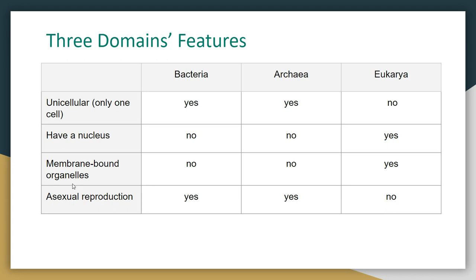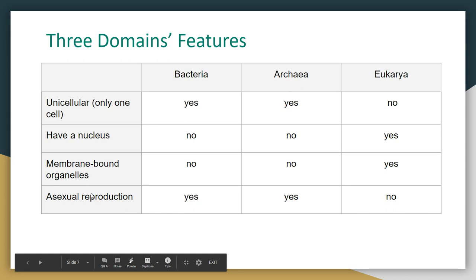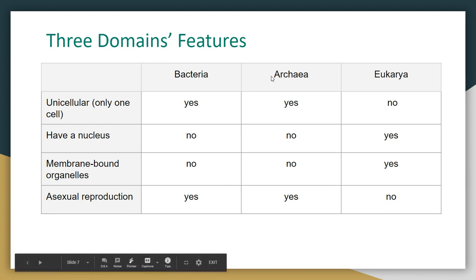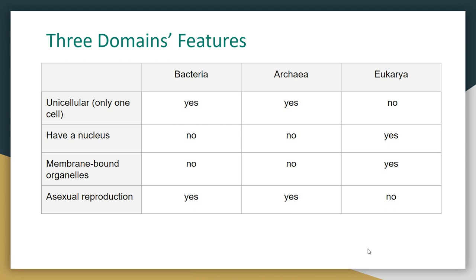Hopefully you're remembering in your head that bacteria and archaea do not have membrane-bound organelles, but eukarya does. And asexual reproduction, bacteria and archaea both go through that, but eukarya goes through sexual reproduction. Okay? So these are the three main domains of the entire living world.